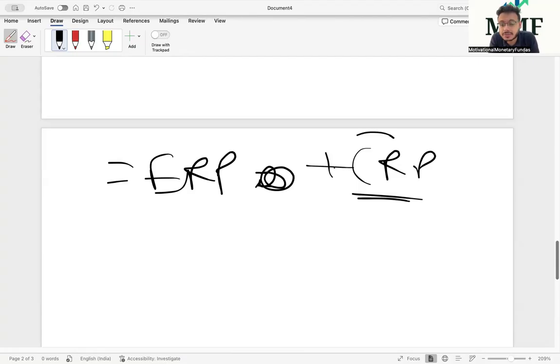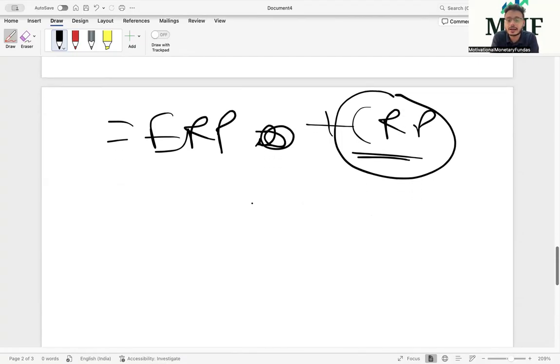Now, this is something which is complicated to calculate. How do we calculate country risk premium?